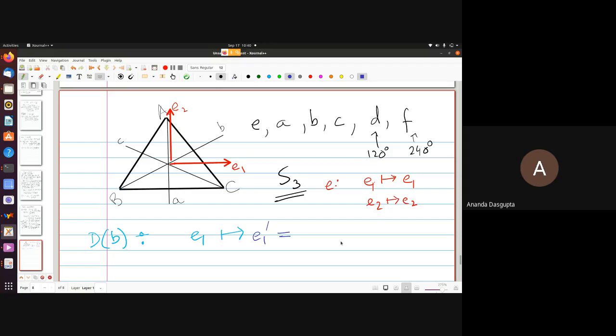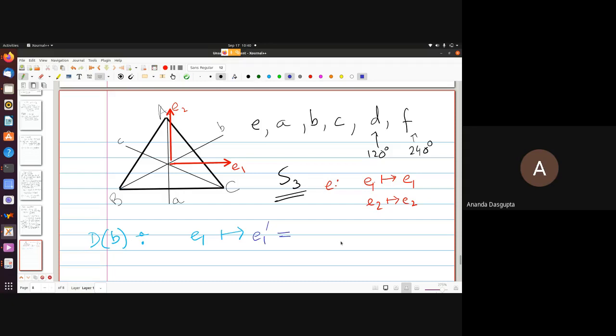For that, all you need to know is what angle the median in which you're reflecting makes with E1, and double that angle, right? What angle does the median make with E1? Quickly, this is easy. 30 degrees, right? That's the angle between the median and E1. So the angle between the reflected vector E1 prime and E1 is 60 degrees, right?